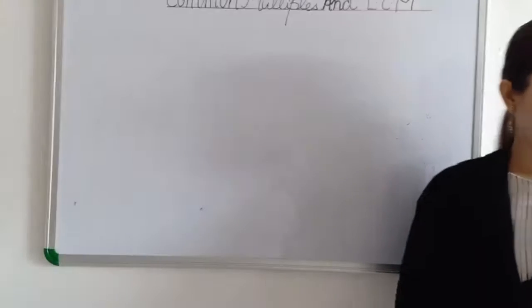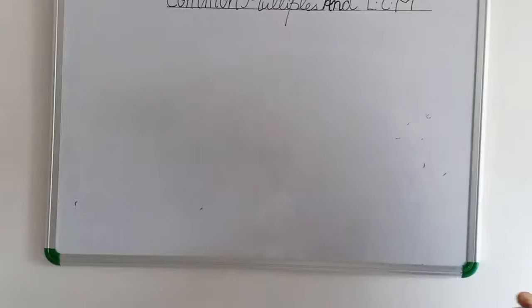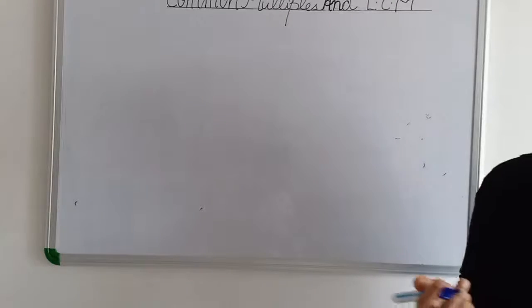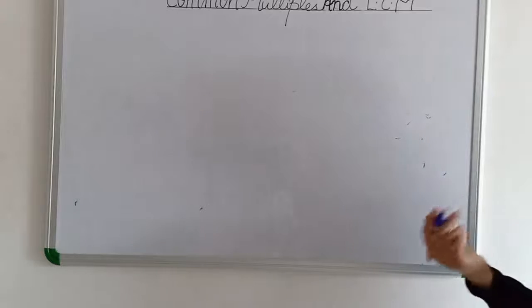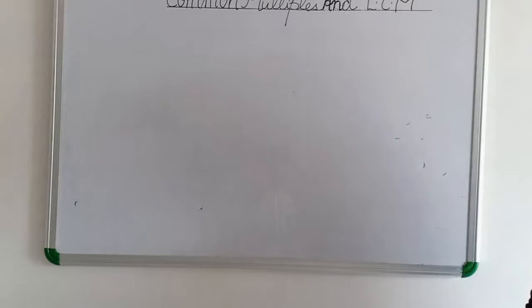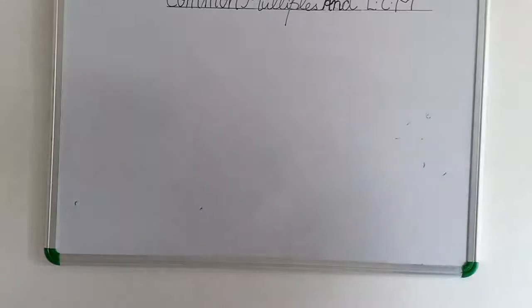Now here it is, find the LCM of the following pair. So what is the definition of the LCM? The LCM of two or more numbers is the smallest number that can be divided by these numbers without leaving a remainder. Least means the smallest, okay?